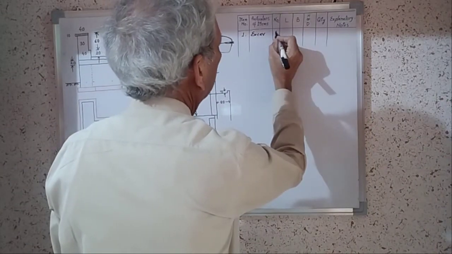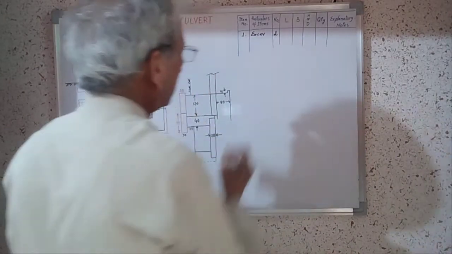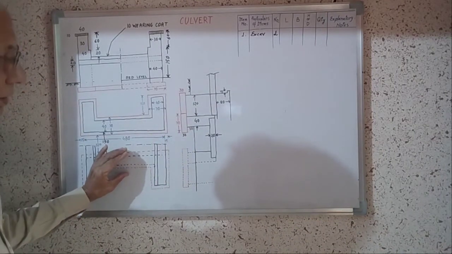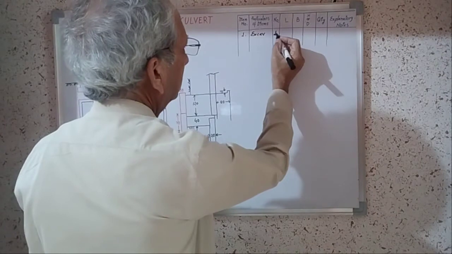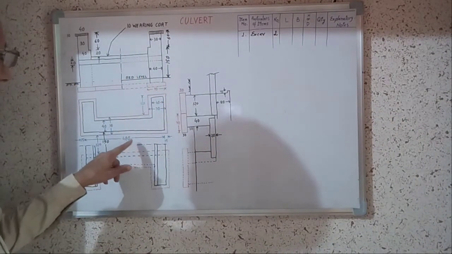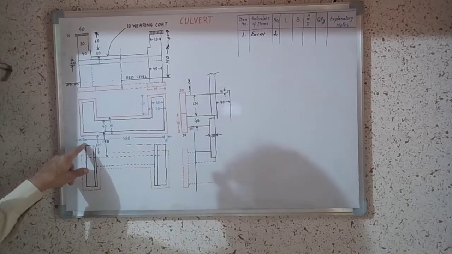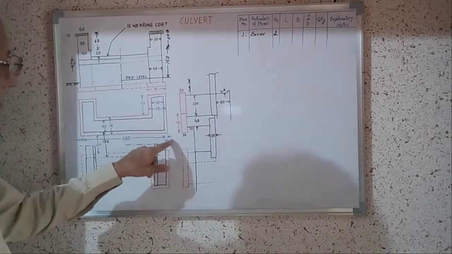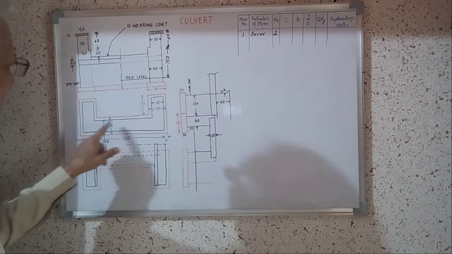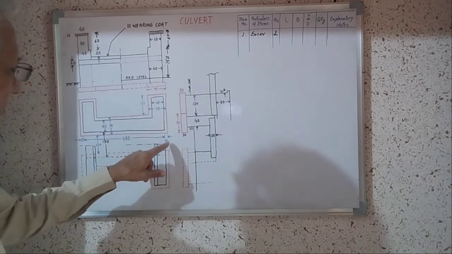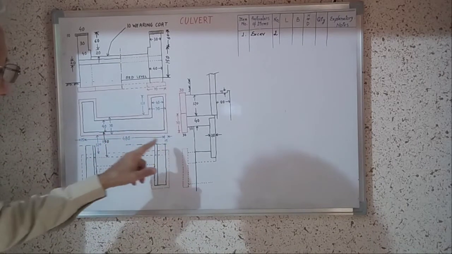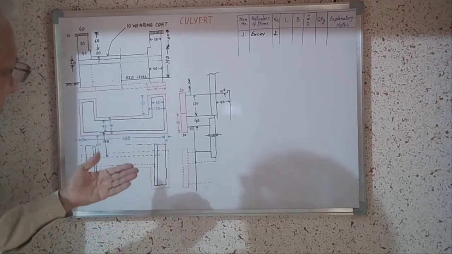Number: 1 abutment, 2 abutment. Therefore we will take 2 number. Length will be 480 plus 15 for the bed concrete on each side. And 480 is the length of the brickwork, but we have provided bed concrete 15 centimeter on both sides extra.